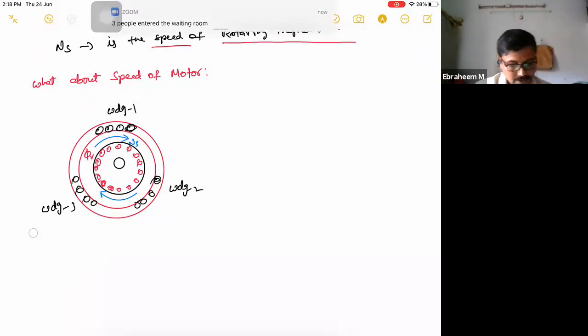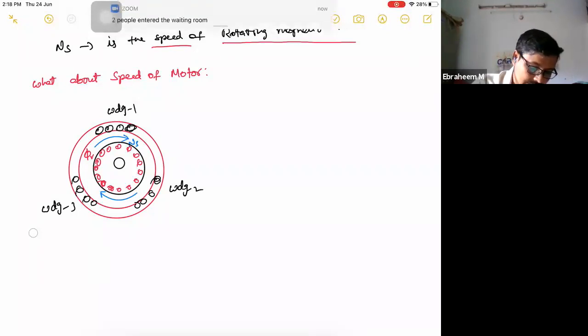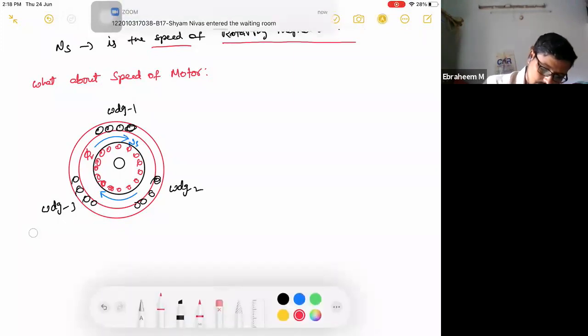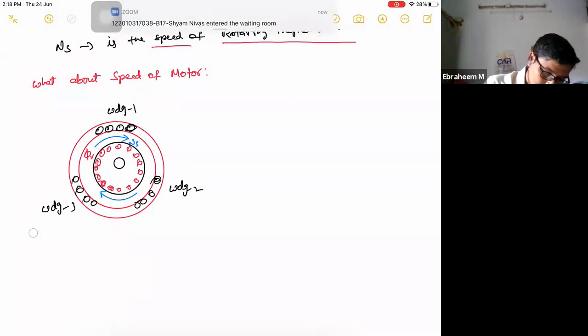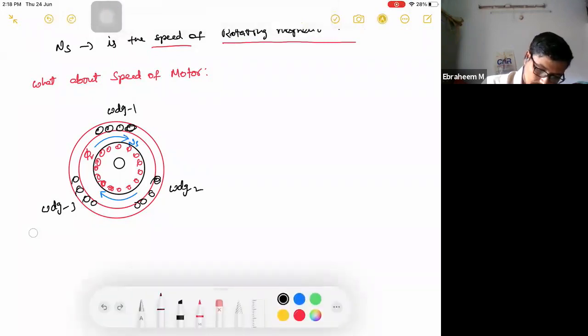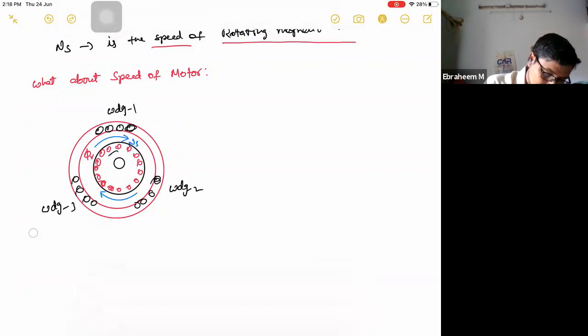Rotating magnetic field. So it rotates, and because it is rotating, the flux linking the conductors of the rotor will change, right? So the flux linking the conductors of the rotor will change. As a result, you will have induced EMF.